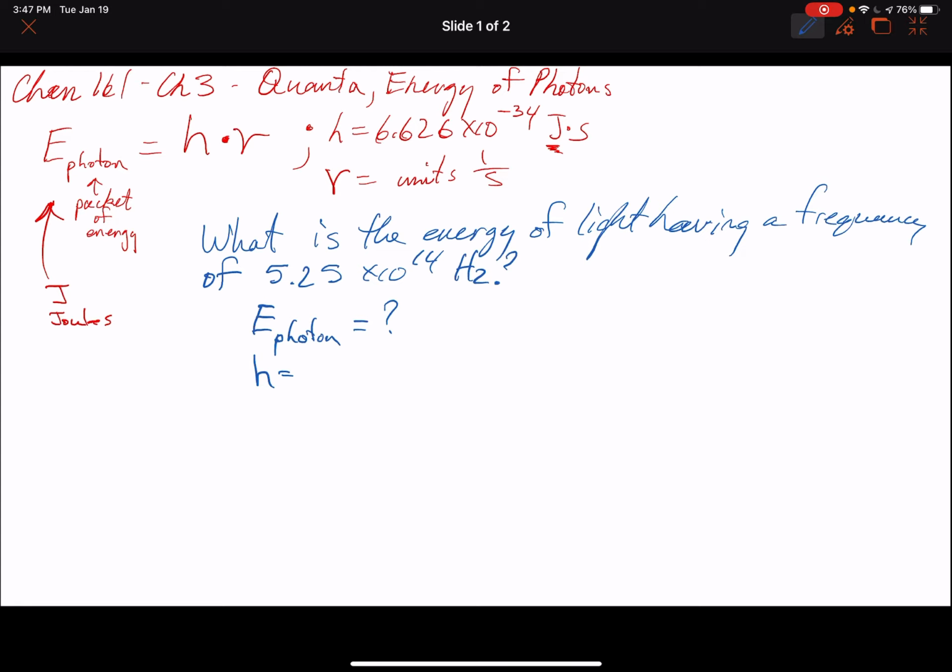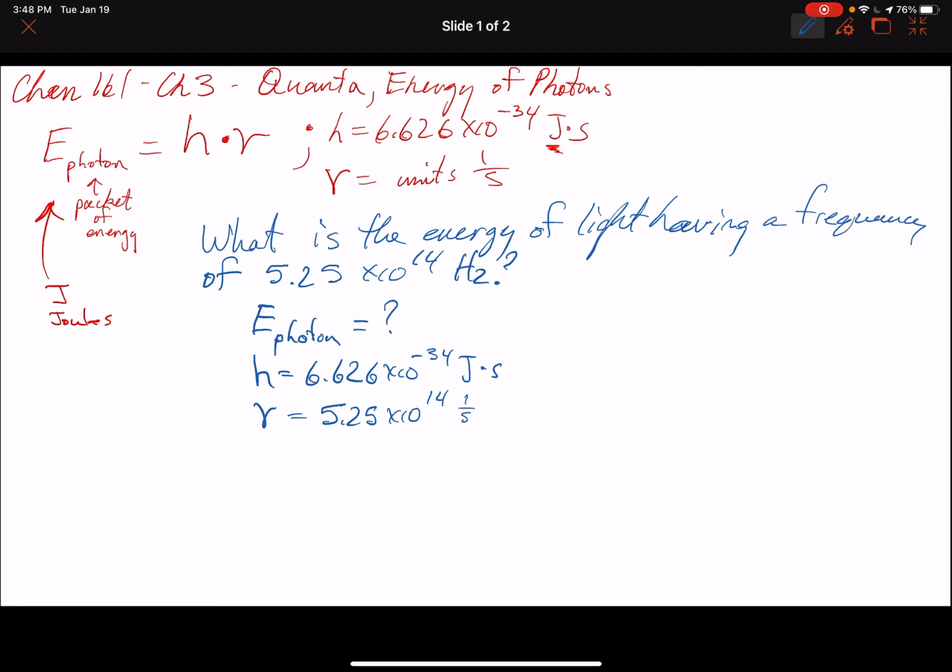So we have Planck's constant, 6.626 times 10 to the minus 34 joule seconds, a very small number, indicating that each photon is going to have a very small amount of energy. And the frequency here, and this better be in hertz or per second, thankfully it's provided to us in that way, 5.25 times 10 to the 14 per second.